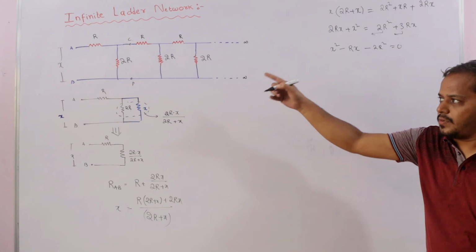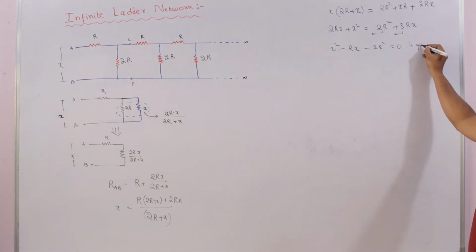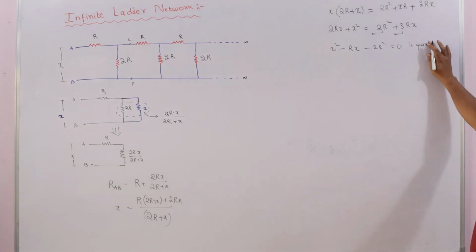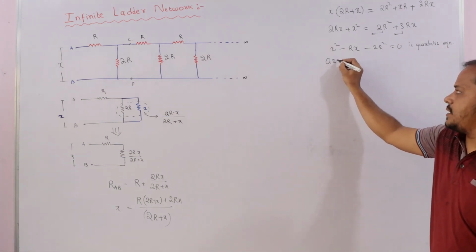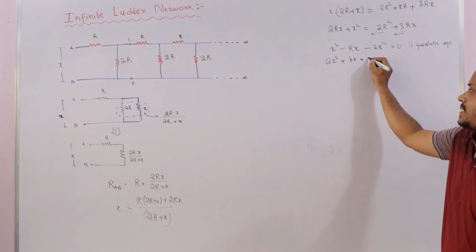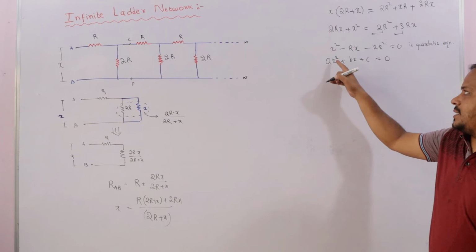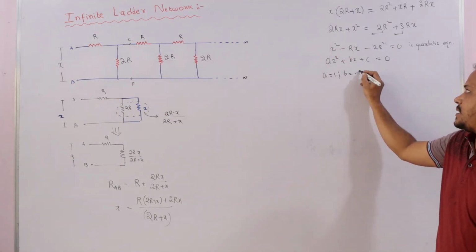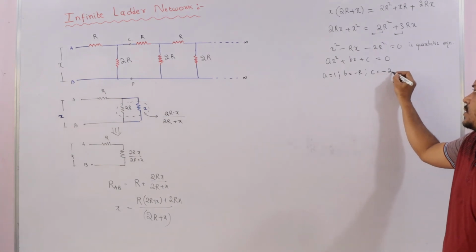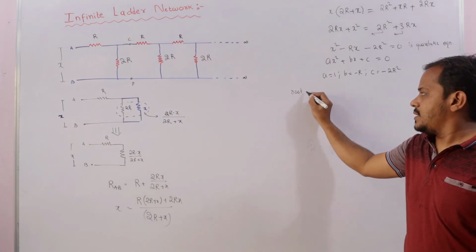This equation is obtained from our infinite network. So this is a quadratic equation. Now we are going to compare this with the standard quadratic equation AX square plus BX plus C, as we did in the previous method. Comparing, A is equal to 1, B is equal to minus R, and C is minus 2R square. So what are the roots of this quadratic equation?